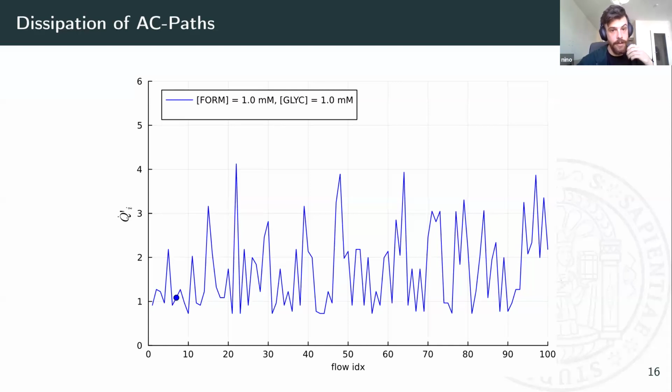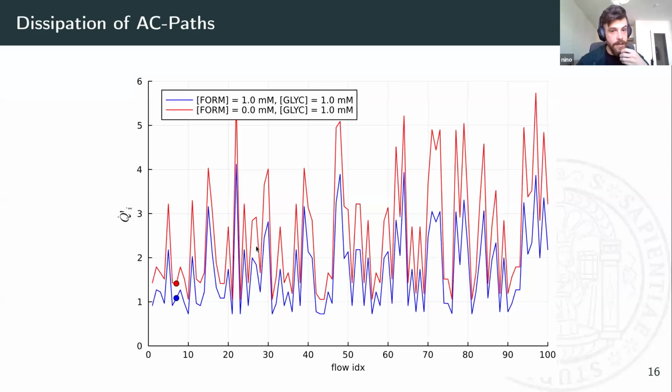So you can go to another extreme by assuming that you start with no formaldehyde at all, and just glycoaldehyde, you still get an equilibrium distribution.